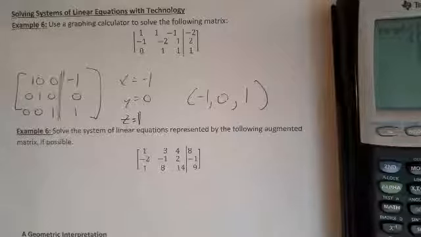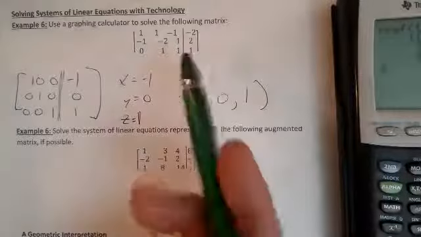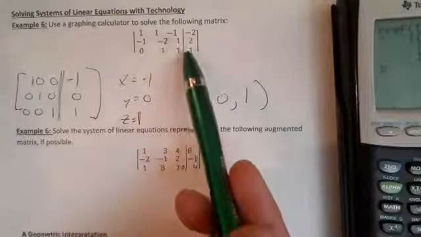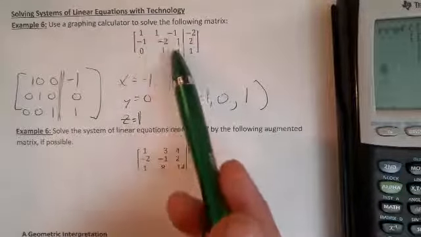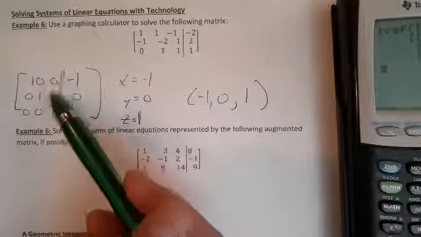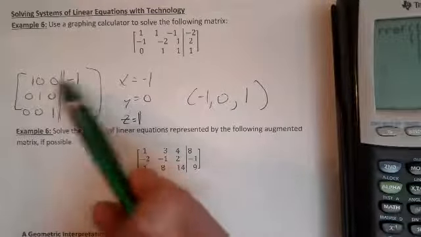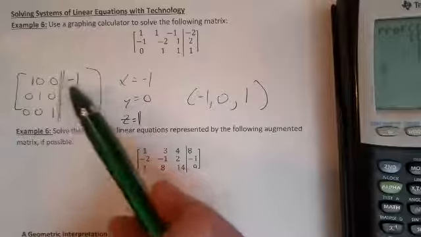And so I guess usually the first question is, you're allowing us to use a calculator, so what work do you want to show? I want to see whatever matrix you put into your calculator. So if they didn't give you this, I would want to see this. I want to see the row reduced echelon form that comes out of your calculator.